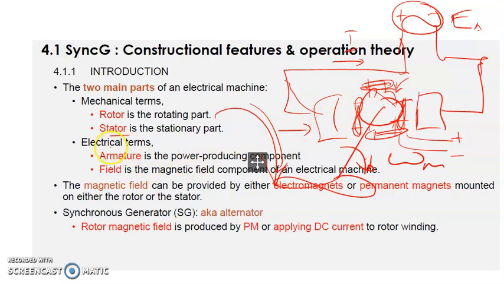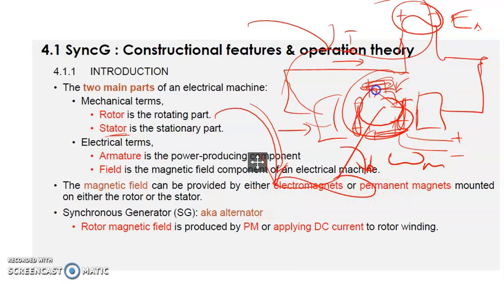And armature. In electrical terms, armature is the power producing component. So this is considered as armature. Then the field is the magnetic field component of the electrical machine. So field is here, armature is your external part here. The magnetic field can be provided by either an electromagnet or a permanent magnet.